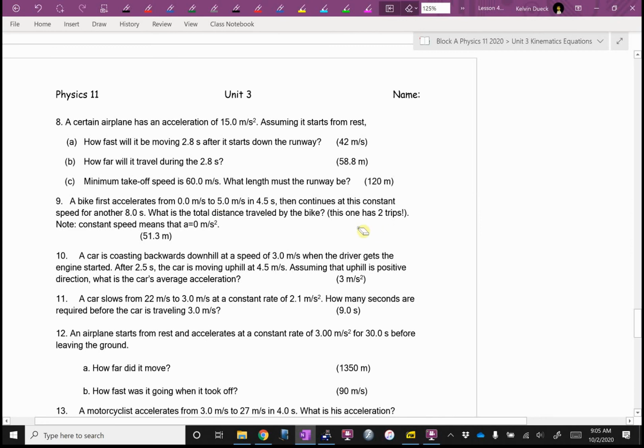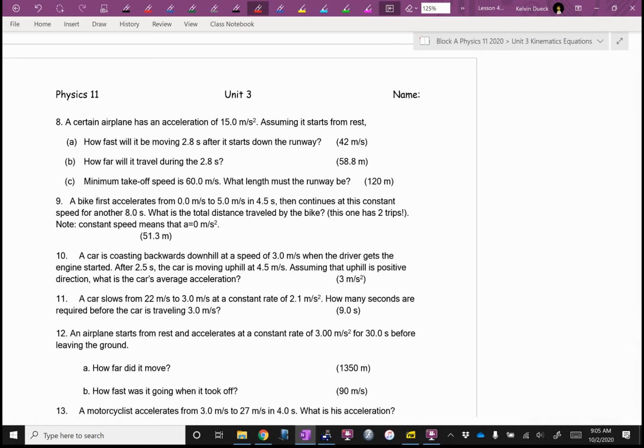This one has 2 trips. First, you'll find the distance from 0 to 5 in 4.5 seconds. Then you're going to travel at a constant acceleration for 8 more seconds. If you're stuck, I'll help you with this one either later today or Monday, but that's kind of a hint there.